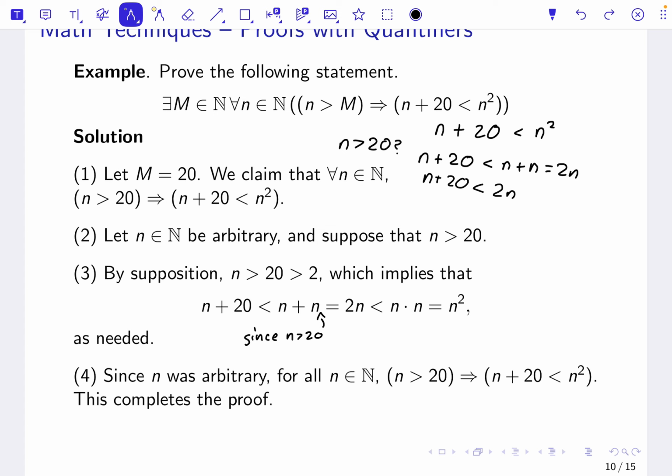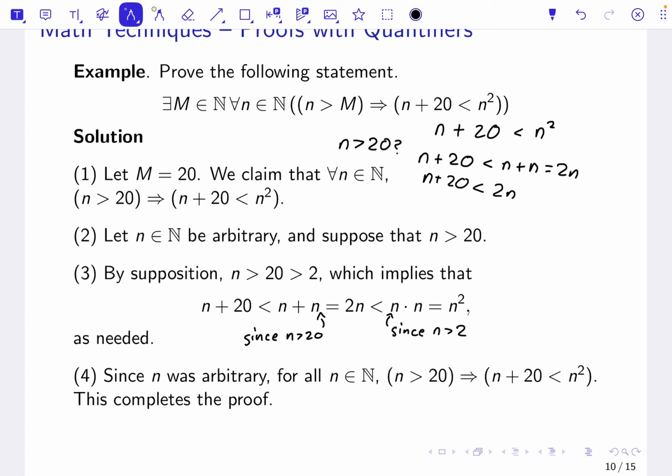So let's continue. We'll need one more justification. n plus n equals 2n. That just works because multiplication and addition just work like that. But 2n being less than n plus n, that only works since we know that n has to be greater than 2.